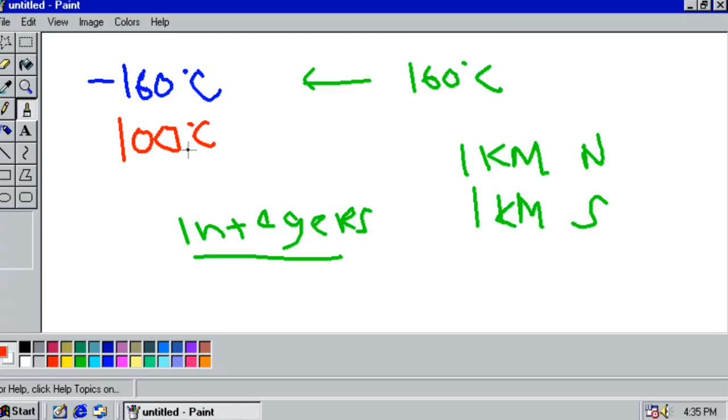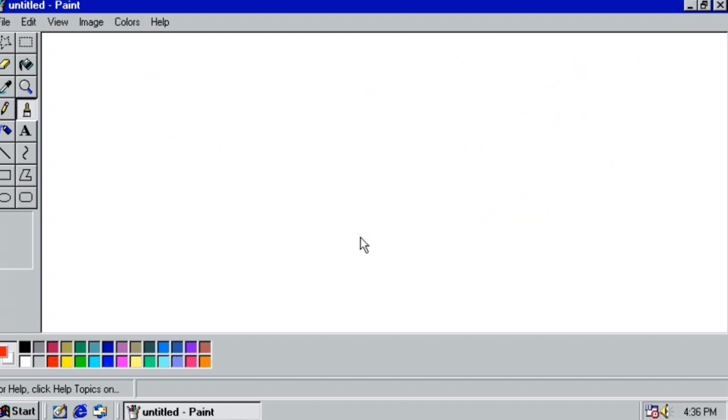A profit of $800 is the opposite of a loss of $800. So you're just going to answer whether it's positive or negative.